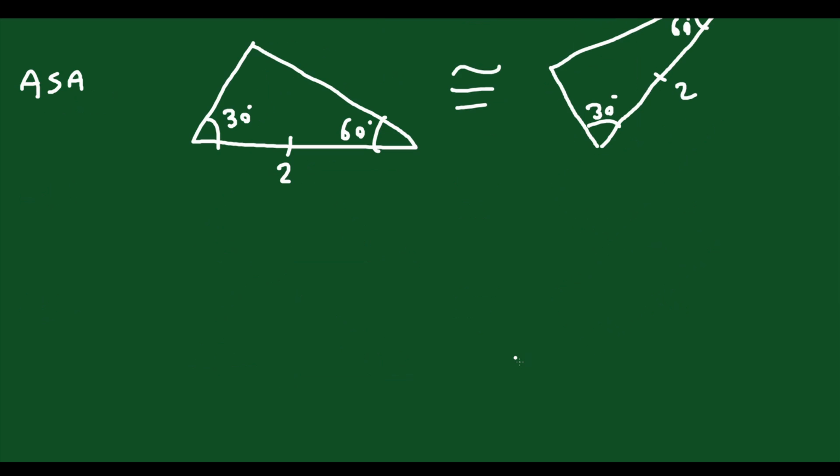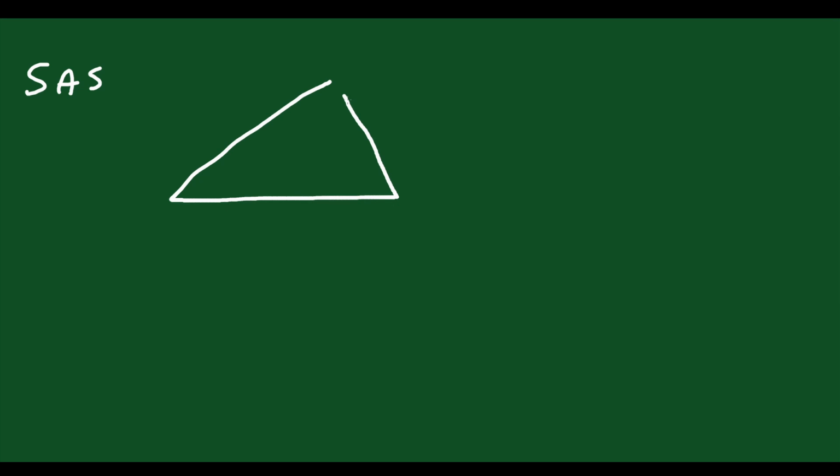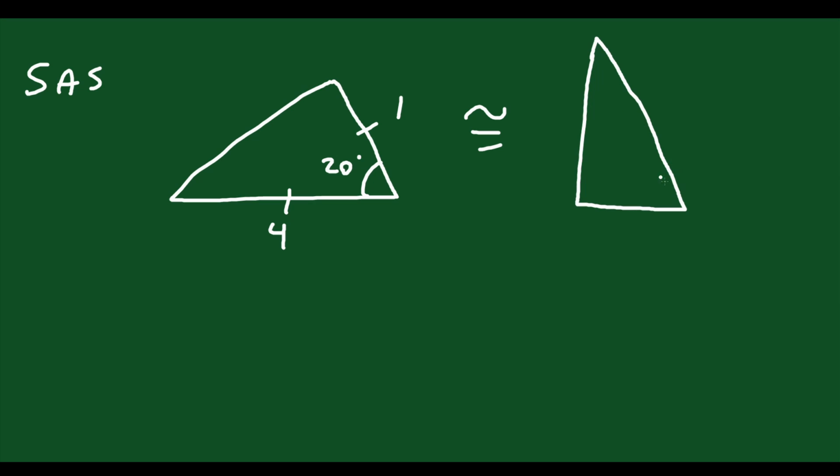Okay, let's look at another method that you can use. This one is called SAS, so side angle side. Last one was angle side angle. So an example of this would be if you have a triangle maybe like that, where you have a length of 1, a length of 4, and this is 20 degrees. If you have something like that, that would be congruent to a triangle that maybe looks a bit like this, where this is 20 degrees, this is 4, this is 1.